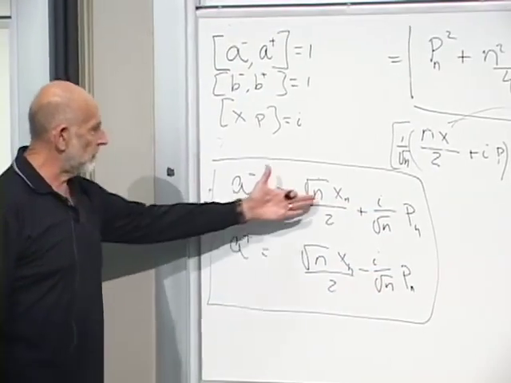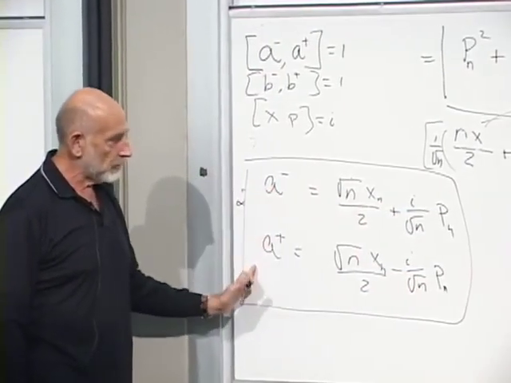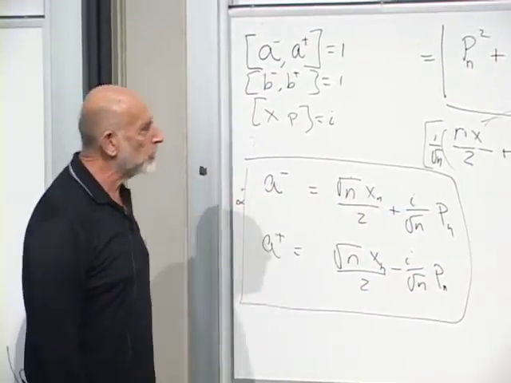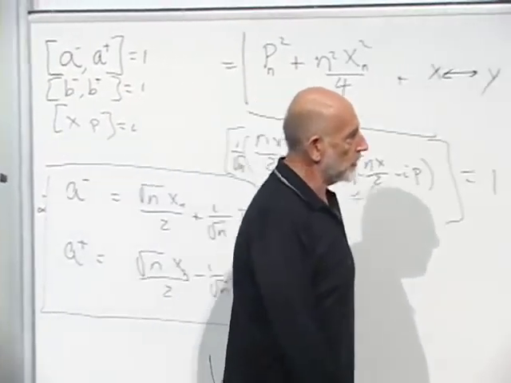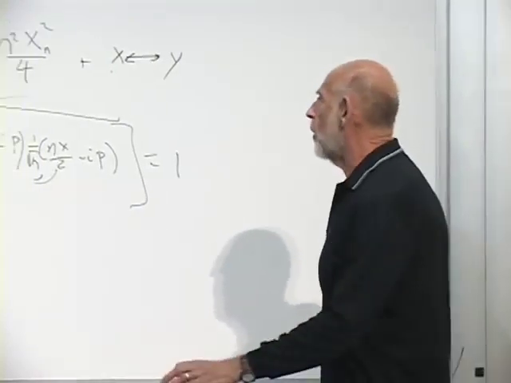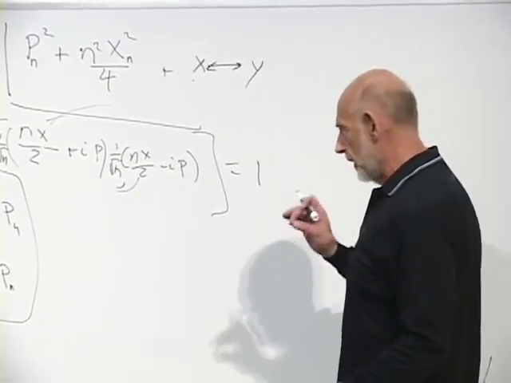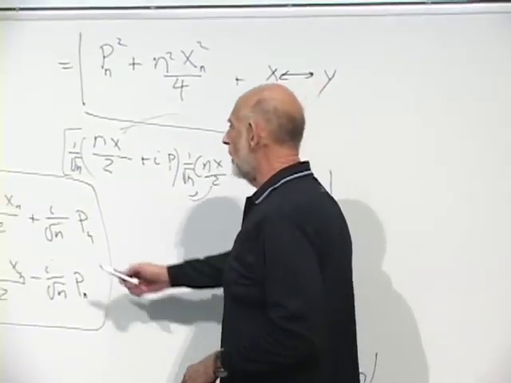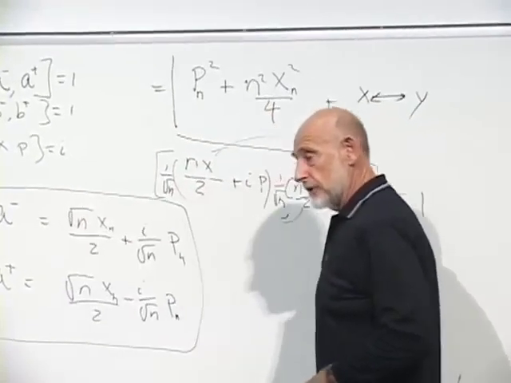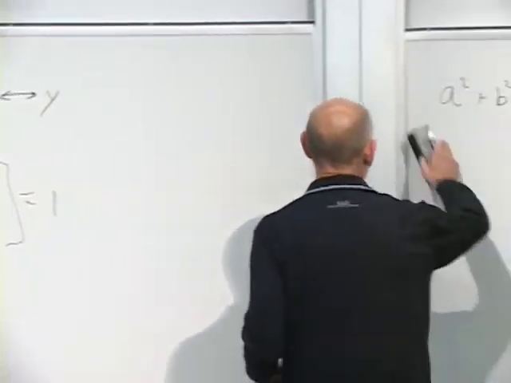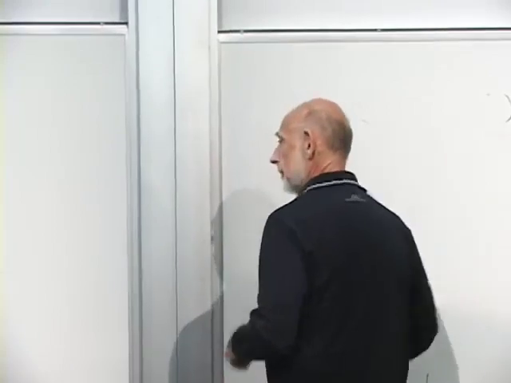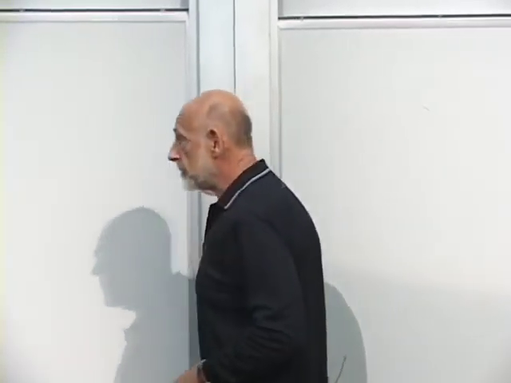How can I solve this to find out what x is in terms of the creation and annihilation operator? This is something we'll use later. I'm not sure we'll use it tonight or not. But what I want to write is the coordinate position of the string in terms of the creation and annihilation operators. That will turn out to be quite useful. So let's do it. This is easy.